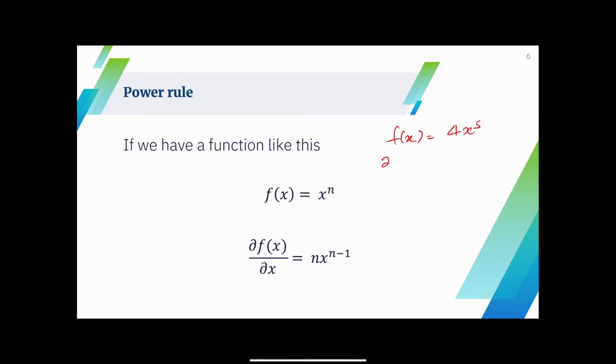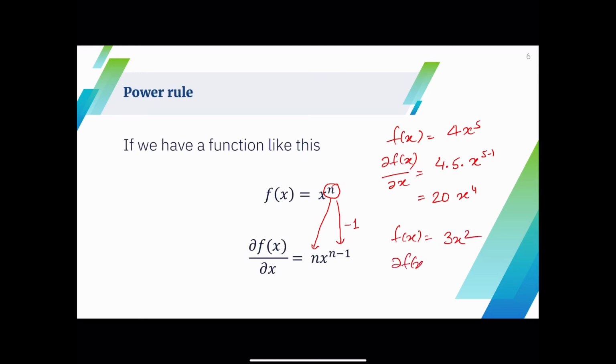So the differentiation is 4 into 5 into x to power 5 minus 1, which is 20x^4. It's simple. Whatever the power we have here, we just reduce it by 1 and we put it as a product in the front. Like if we have f(x) is equal to 3x square, so df(x) by dx is defined as 3 multiplied by 2, that is 6x.